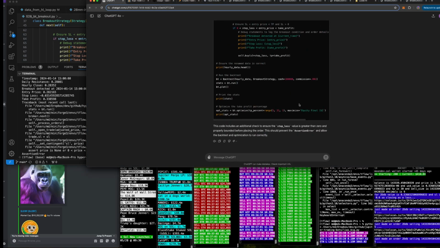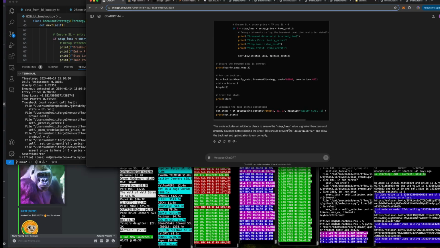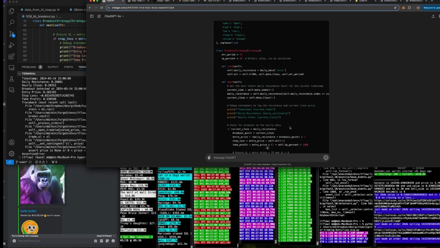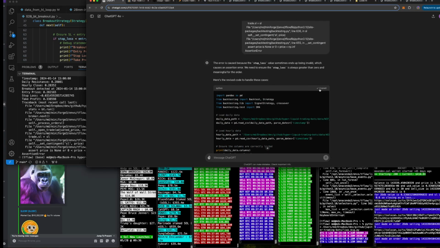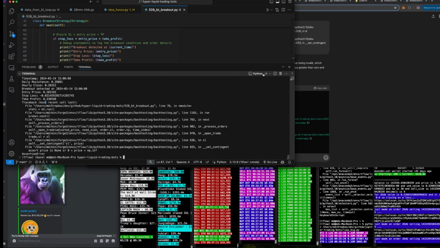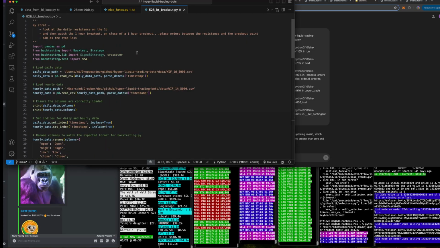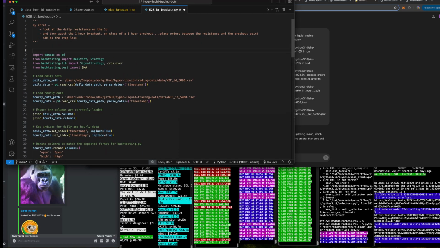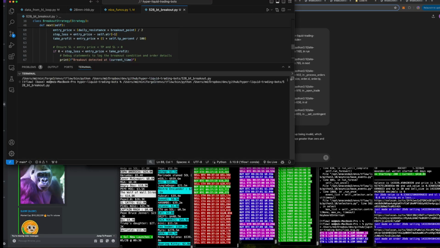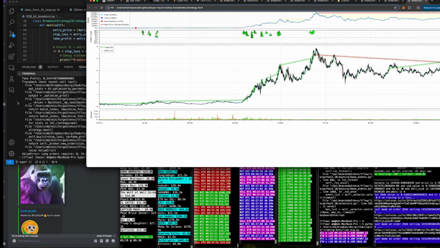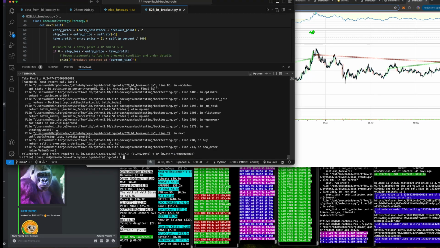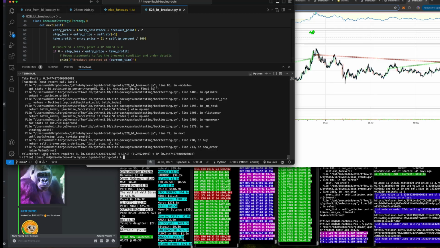All right, so this code includes an additional check to ensure the stop loss is always greater than 0. Good job, buddy. Great job out there. Keep it going. Run it. Come on, bloody. Value error.